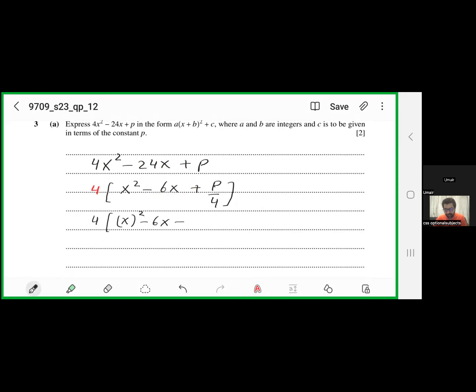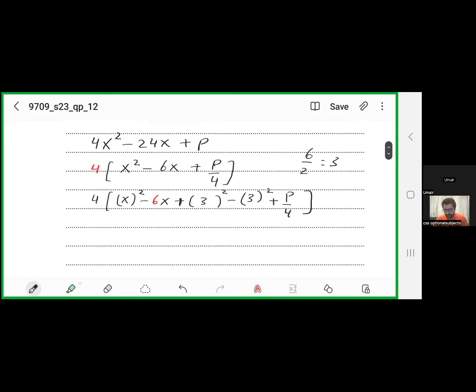Now, add what? The coefficient of x is 6. Divide this coefficient of x, which is 6, by 2. You get 3. Add 3 square and subtract 3 square, because you are adding 3 square, so you have to subtract 3 square to balance this expression, plus p over 4.